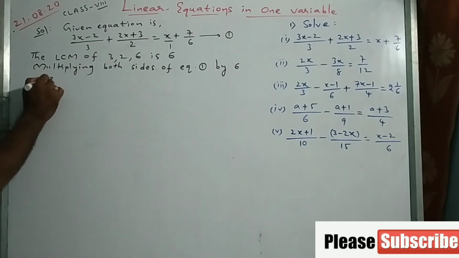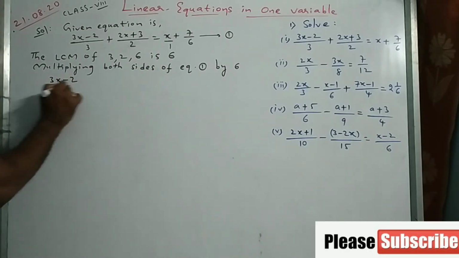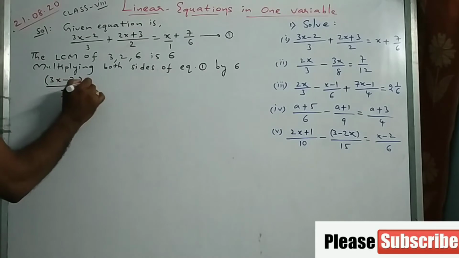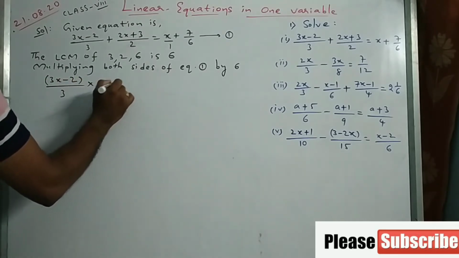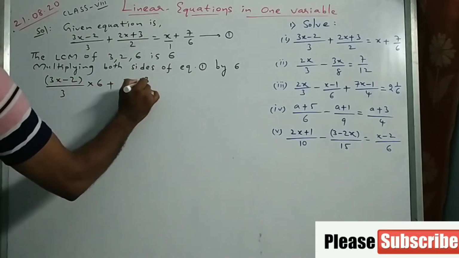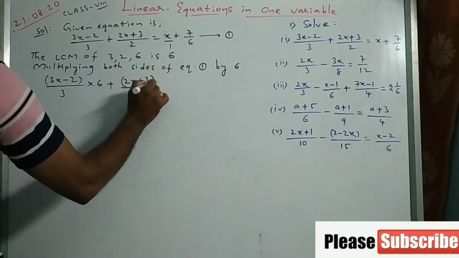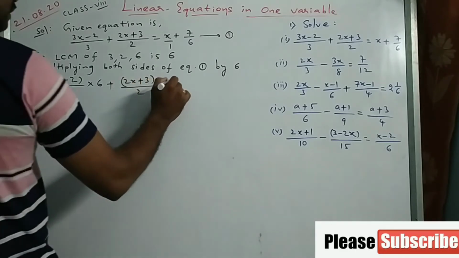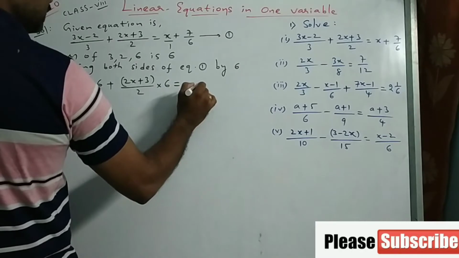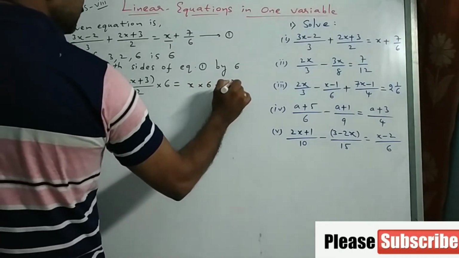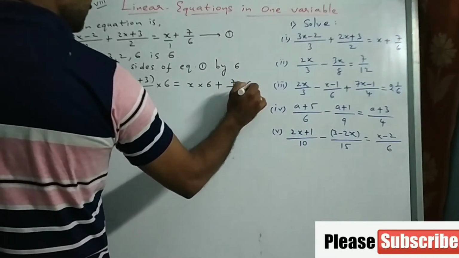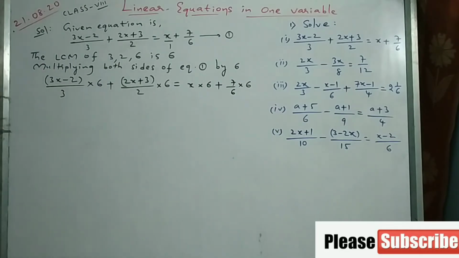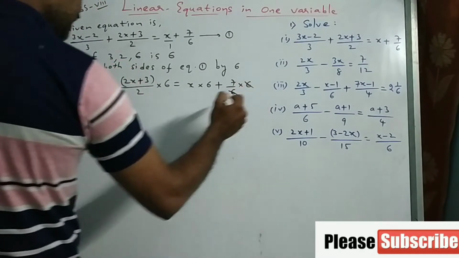So what will you get now? 3x minus 2 by 3 into 6 plus 2x plus 3 by 2 into 6 equal to x into 6 plus 7 by 6 into 6. Got it? Clear? So 6 gets cancelled.